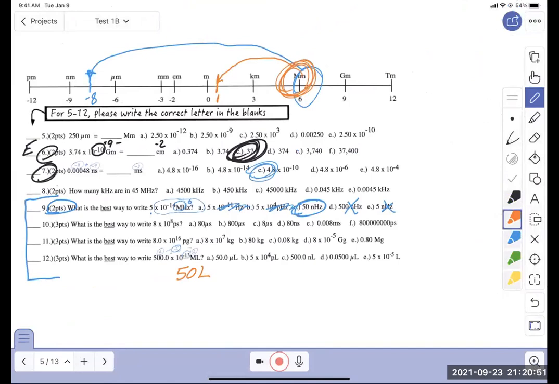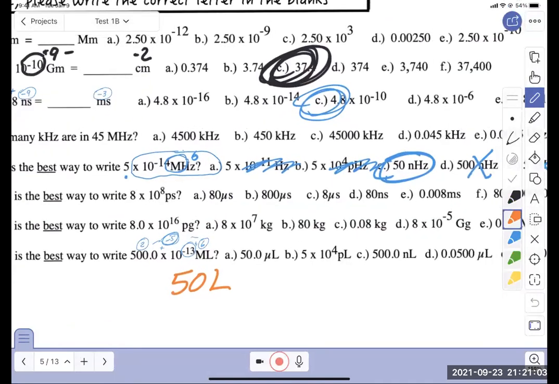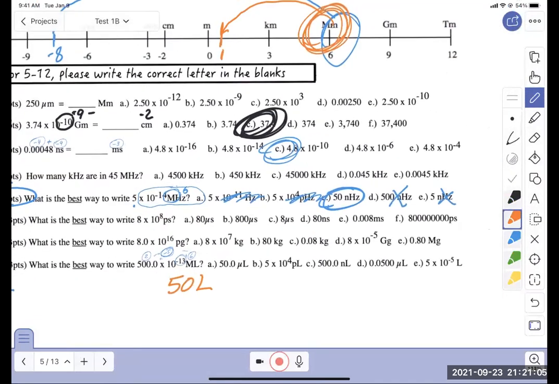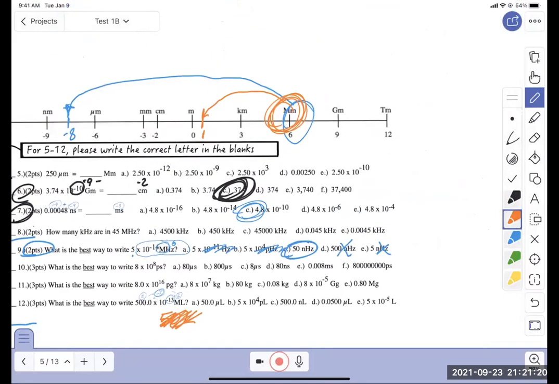Oh, no, wait. Okay, hold on. Oh, whoa. I'm trying to play the metric game there. Let's try it again. This one's tricky because normally you got a quick change here, but it's 500 times 10 to the 13th megaliters.